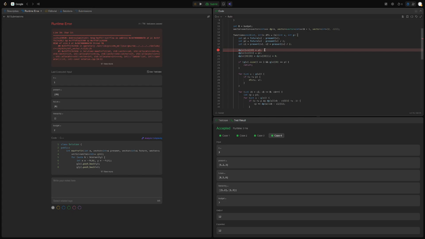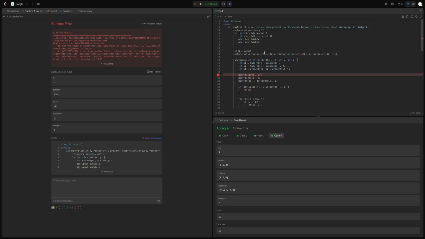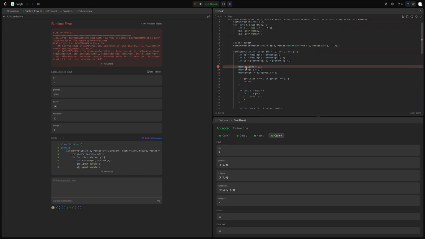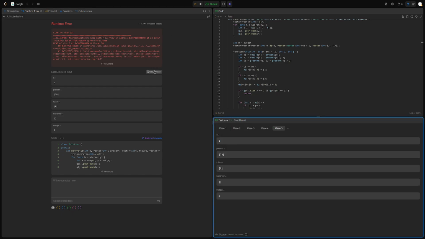Immediately overflow. Holy shit. If C1 is less than budget, if C2 less than budget, let's try use test case. Boom.